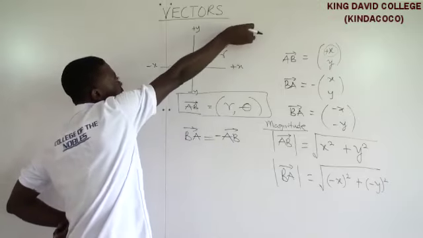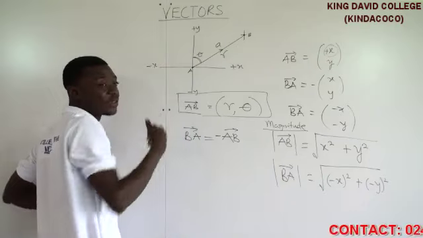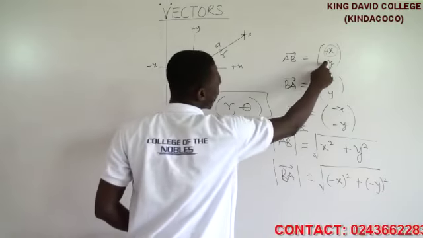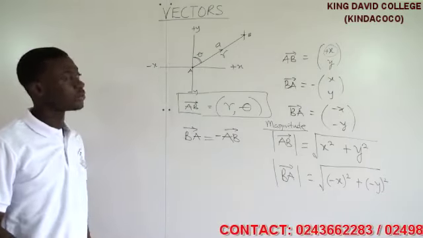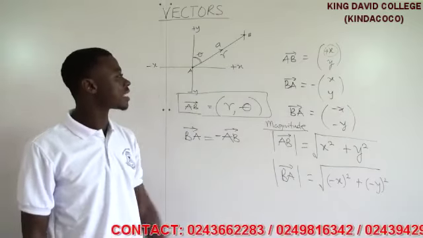And when I pull this on my Y, it's going to lie on positive Y, so the Y here will also be a positive value.